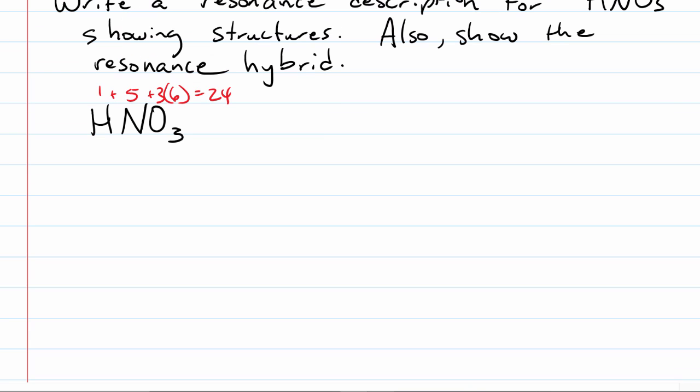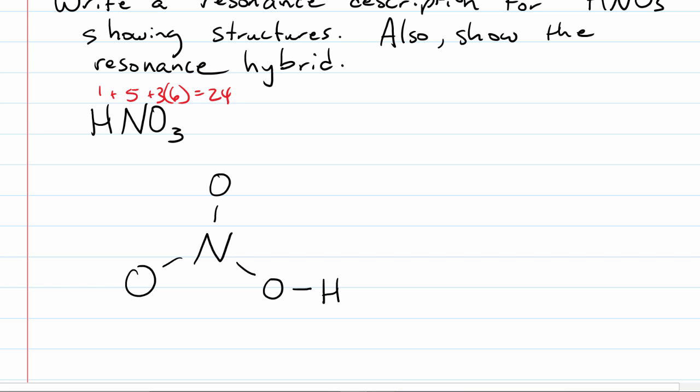So then, when we write out the structure, which element are we going to put in the center? Nitrogen. And the nitrogen we will surround with oxygens. And where is the hydrogen going to go? We should be able to pick out any oxygen. It doesn't really matter which one we pick out of here.